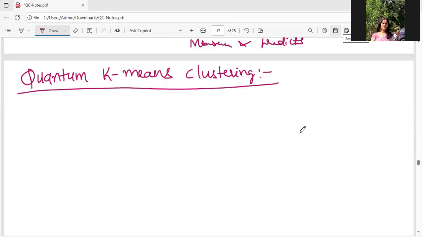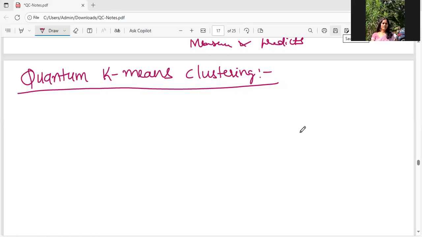K-means is one such unsupervised machine learning algorithm. Let me briefly describe the k-means algorithm. It is used to group similar data points into a predefined number of clusters, and usually that number of clusters is denoted by k, hence it is called k-means.